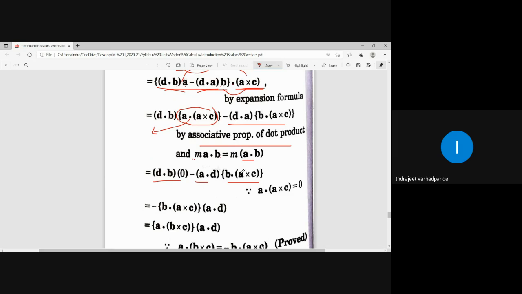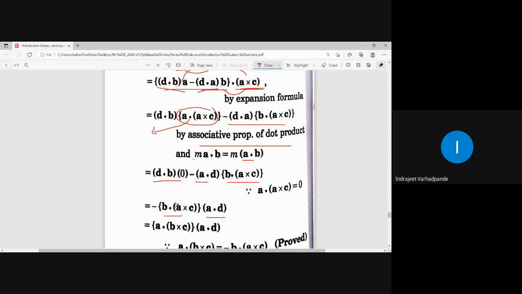If in the vector product we change the positions, we need to multiply by minus, but here it is just scalar multiplication, so not to worry about it. Minus as it is, b dot a cross c will be written, and then I multiply with a dot d.